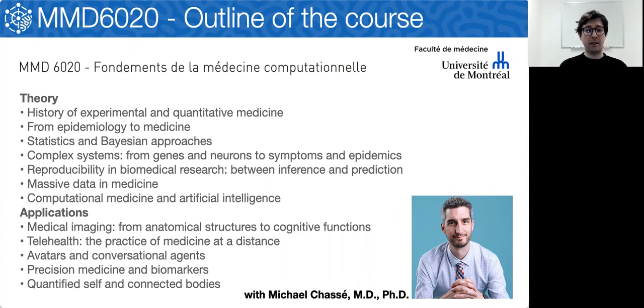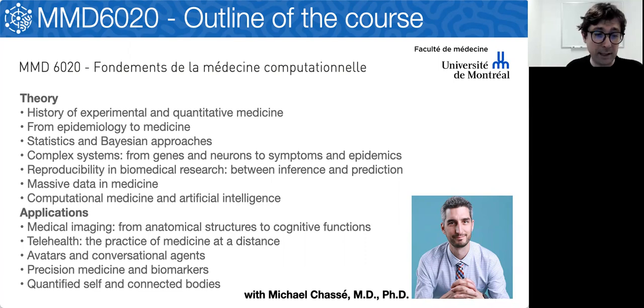Precision medicine and biomarkers: how bioinformatics is more and more implicated in decision-making for precision medicine. And it's not only in oncology and cancer research, but it's coming also in psychiatry.